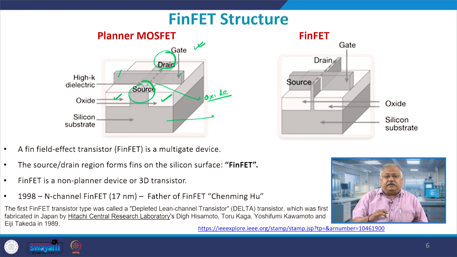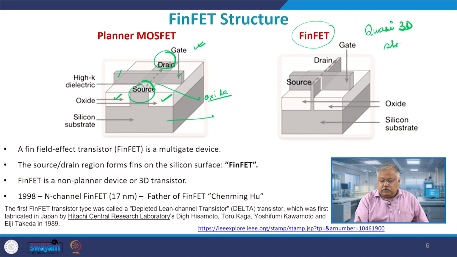So, FinFET is basically a quasi 3D structure, as you can see on the right hand side. Why quasi 3D? Because the source and drain are now raised, and the channel is like this.